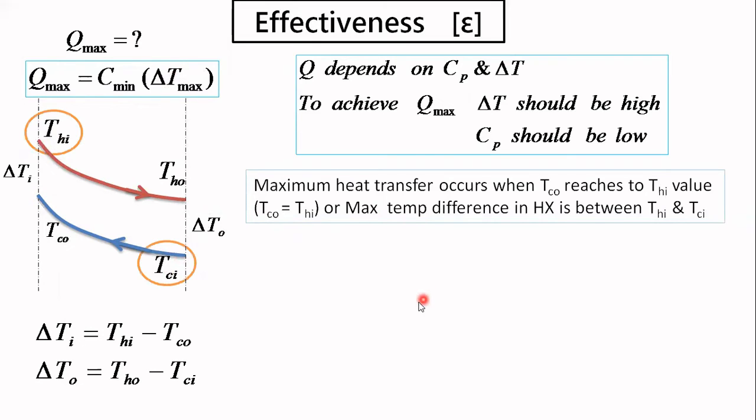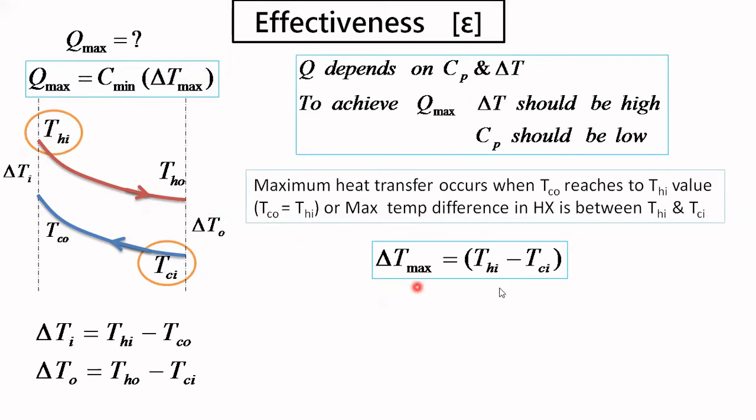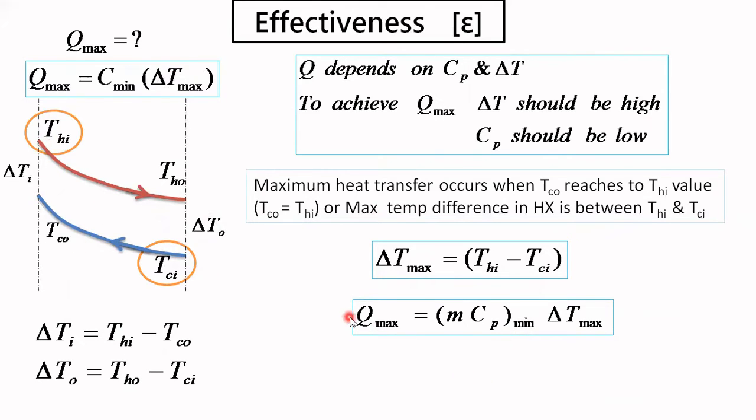So this delta T max we can write down as Thi minus Tci. These are the two extreme temperatures inside the heat exchanger. So from now onwards, we will take delta T max as Thi minus Tci. Always delta T max will be Thi minus Tci. Two extreme temperatures inside the heat exchanger. So Qmax is m Cp minimum, that is minimum heat capacity, into delta T max.